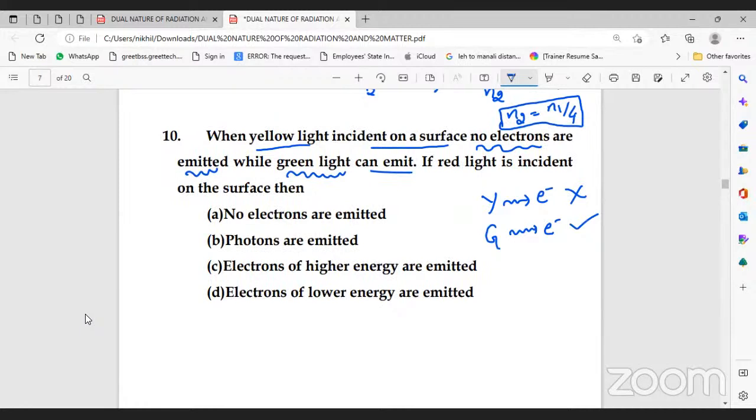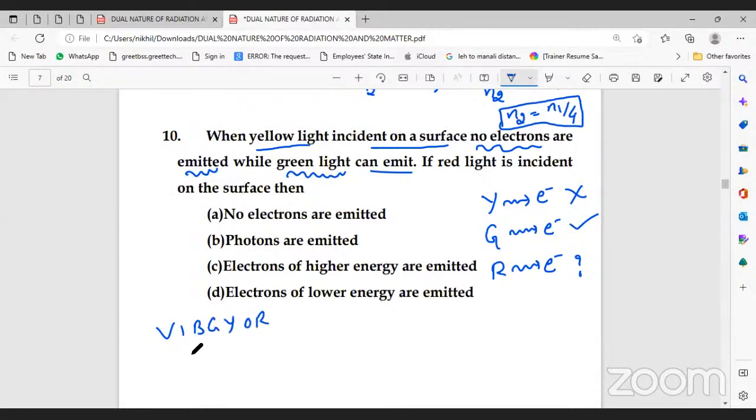They're asking, if I use red color, what will happen? For red color, will electrons come or not? Simple question, basic question. You know the spectrum is VIBGYOR.